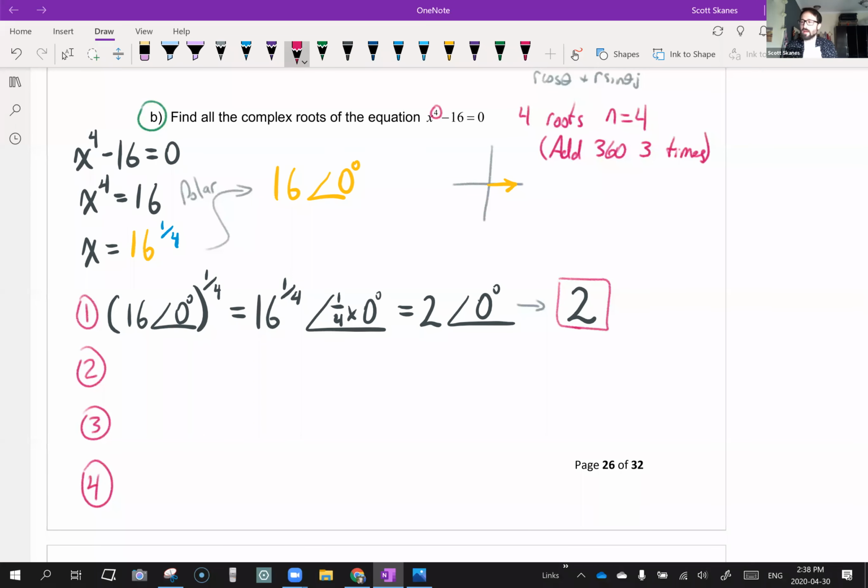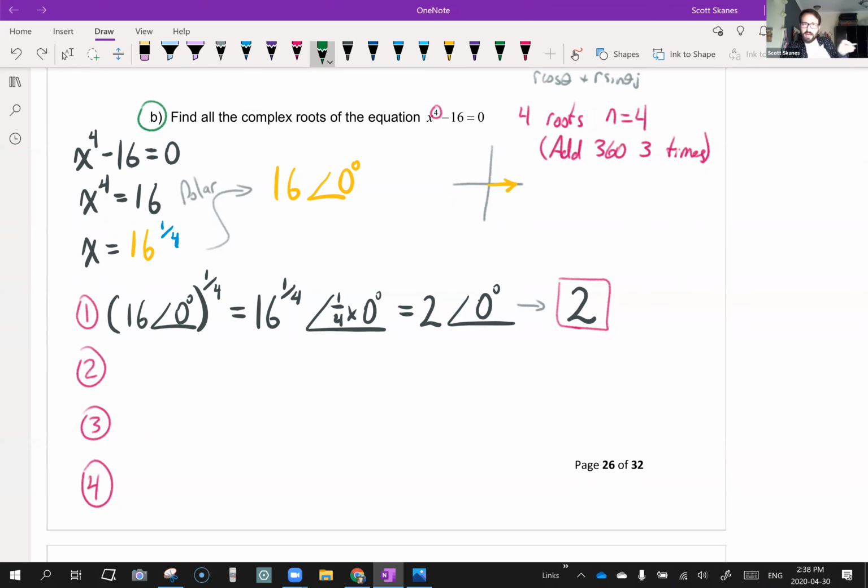That's our first root. How did I get the angle? Is your question, Zara. I know what the angle is because, let me try to make this clear. This number here, 16, is the number we care about, all right? That is our real number. We need to sketch that. I sketched it over here, and we can see that it's right along the x-axis.